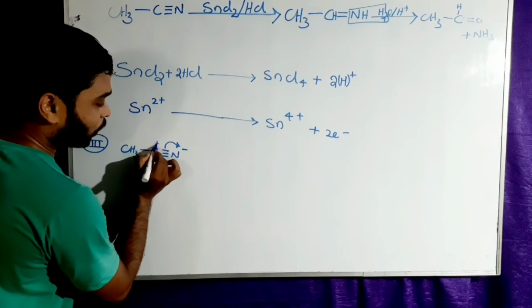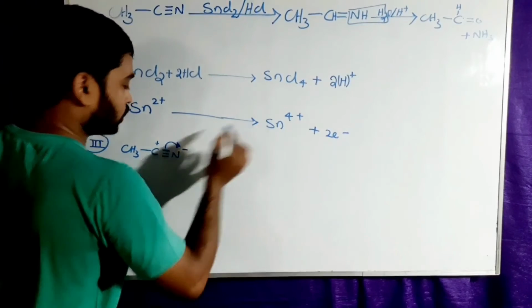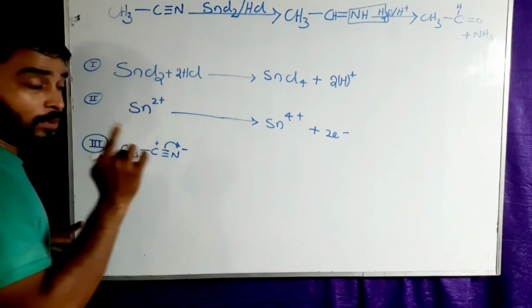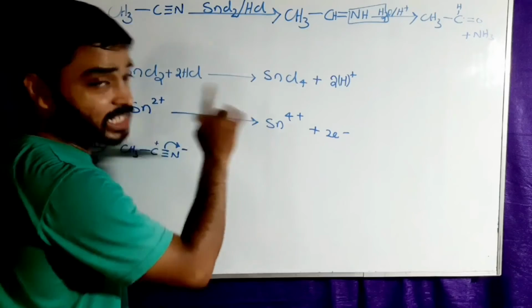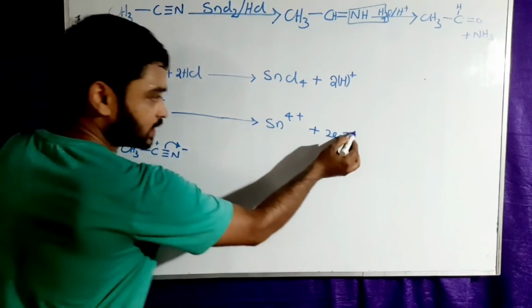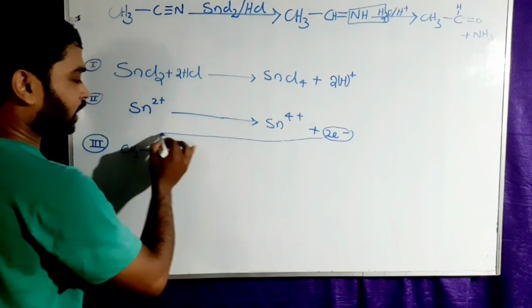That means what will happen here? The electron released from the conversion of stannous chloride to stannic chloride will come to this part and will come to the carbon atom.